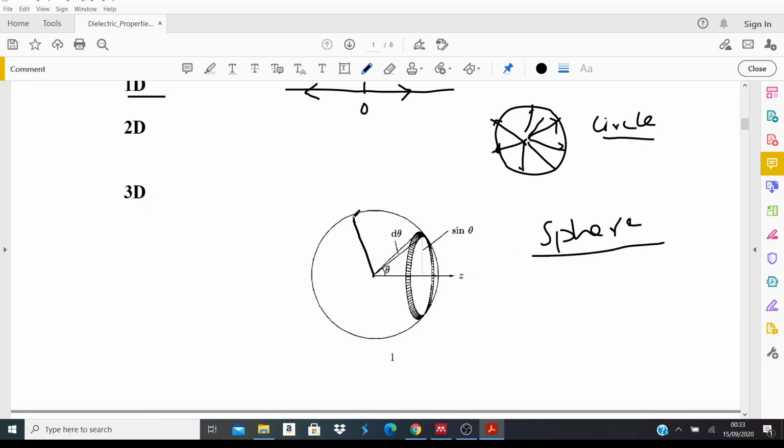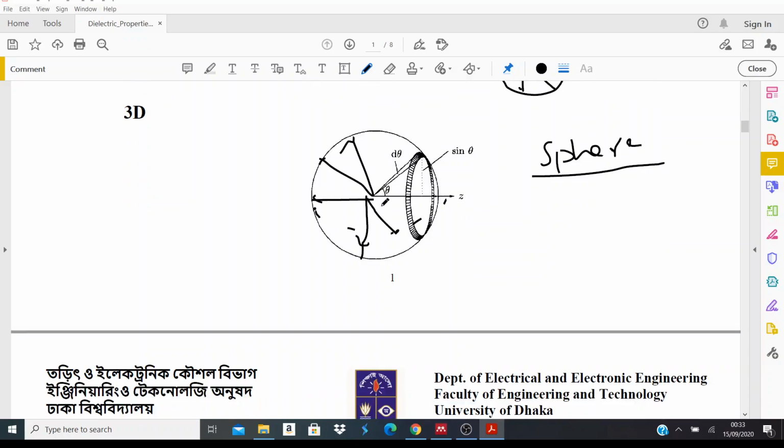So from the center, if you draw different lines to the surface of the sphere, then these are all the directions possible in three dimensions. The sphere covers all the vectors starting from the origin to the surface, representing all the directions that are possible in three dimensions. Okay.